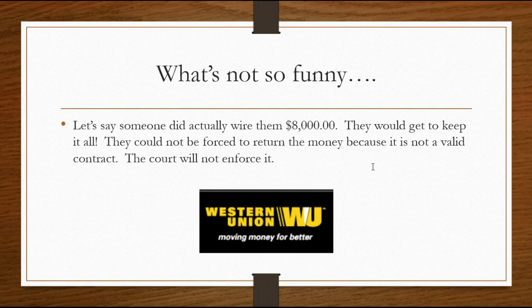It's not a valid contract because it's for an illegal purpose, to murder somebody. So the court's not going to enforce the killer killing somebody. There is a potential that somebody could just take that money and try to keep it.